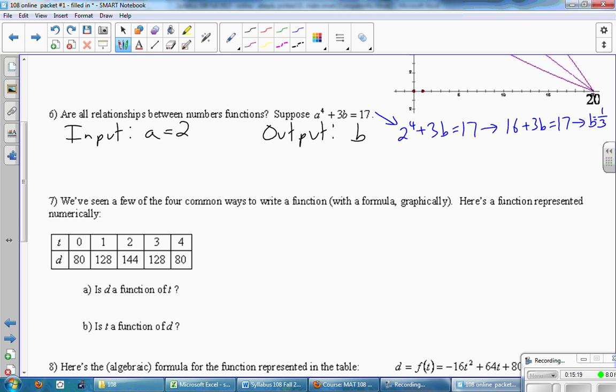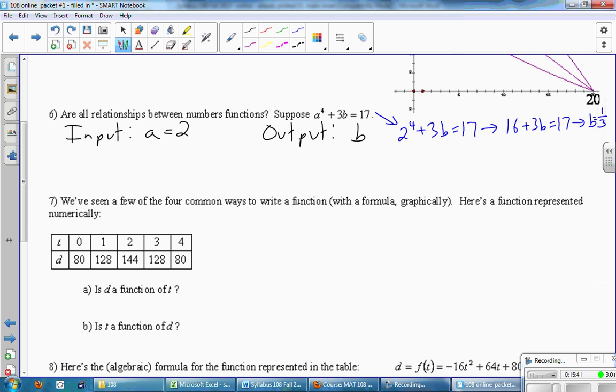The question is, is there any way somebody could have gotten any number other than 1/3? And the answer is no, not unless they made a mistake. So this is a function because no matter what a value you plug in, you go through the algebra, you solve for b, and you will get a single b value every time. So we'll write that as our conclusion here.